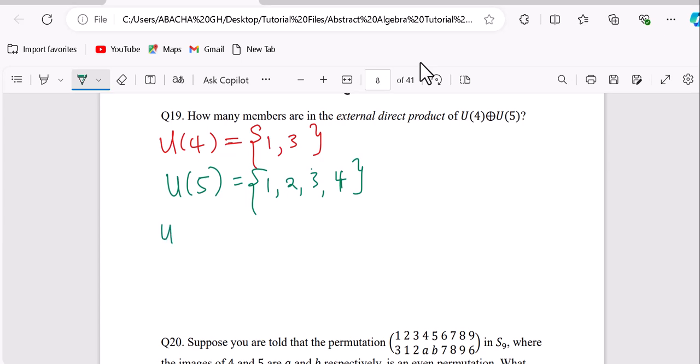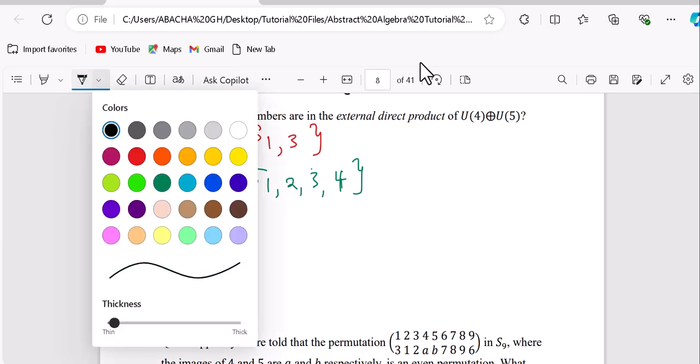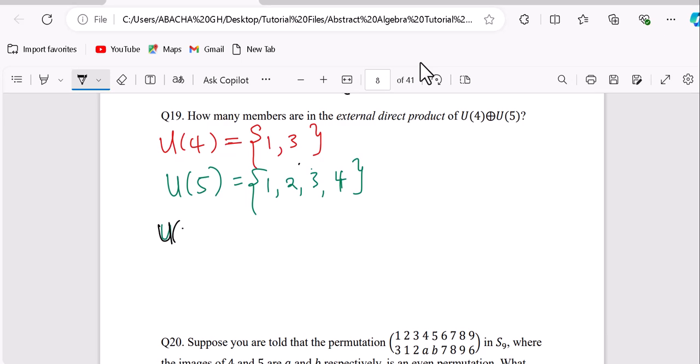So let's say that U4 by U5 is equal to {1, 3} composed of {1, 2, 3, 4}.